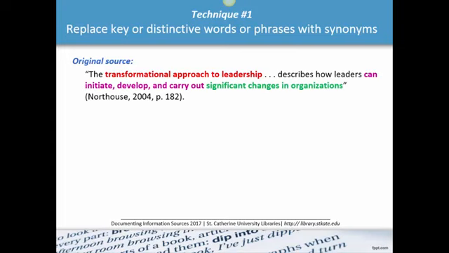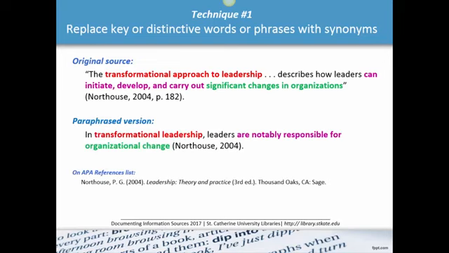The example here reads, "The transformation approach of leadership describes how leaders can initiate, develop, and carry out significant changes in organization." In my paraphrase version, I changed transformation approach to leadership to simply transformational leadership, as shown in red.